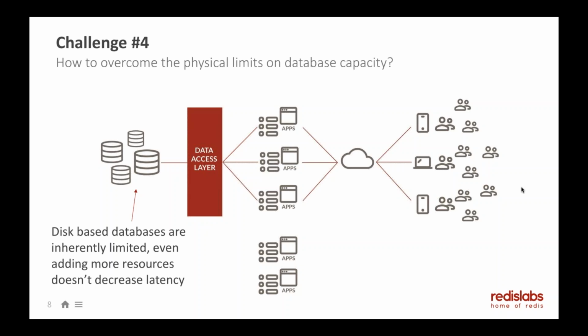So how can you solve this problem? We talked about four challenges, and you can address these four challenges by introducing Redis. You can insert Redis just behind the apps, or you can introduce Redis behind the data access layer.